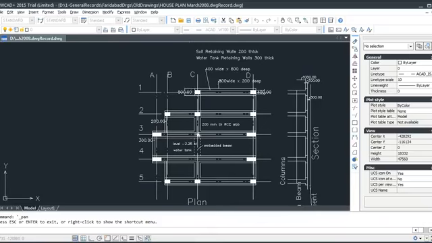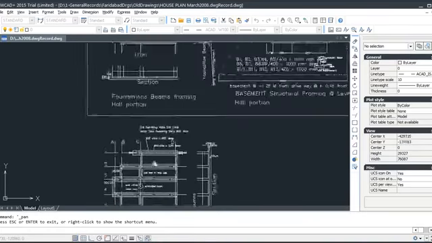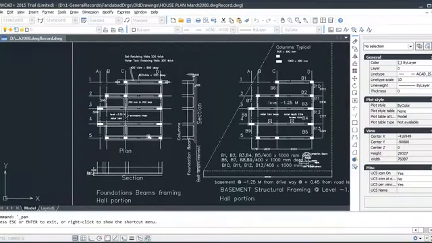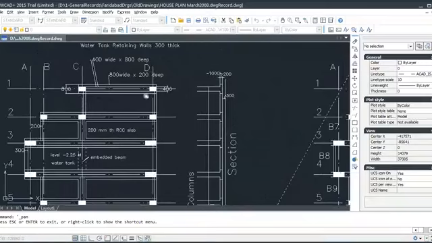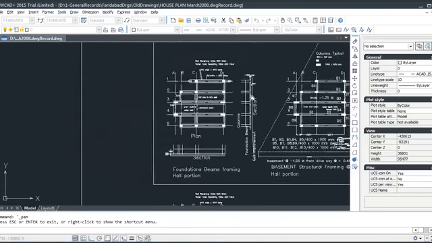Continuation, no break, no other foundation, continuous beam, and the columns start from the beams itself, no separate foundation for columns, all these beams are the foundation. This is what this design is, and everywhere this is, you can say, frame hull portion, same thing, and different areas. This is the hull portion here, so it's the same status and same thing here.